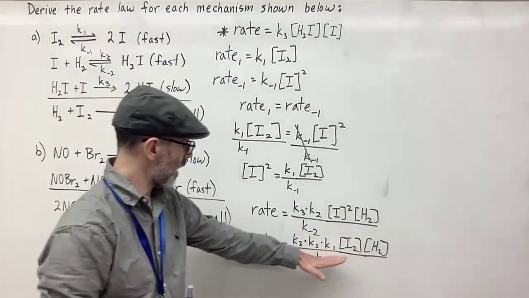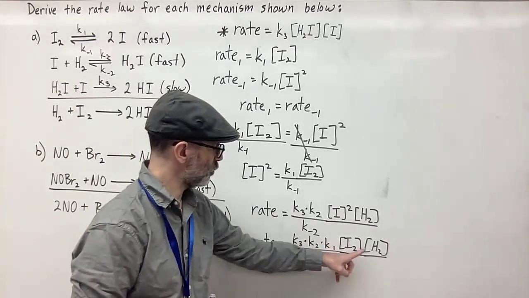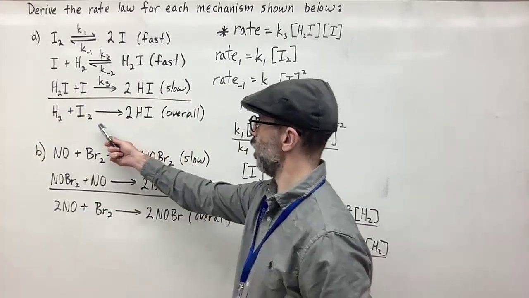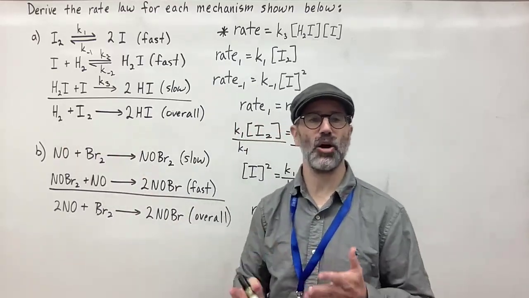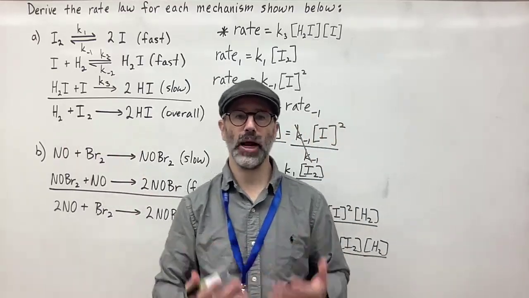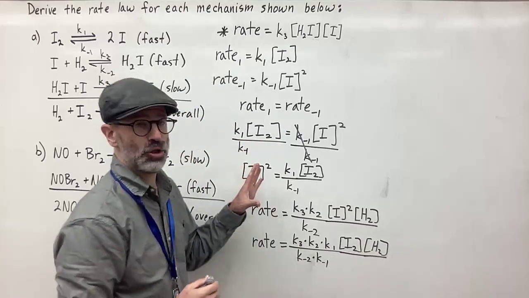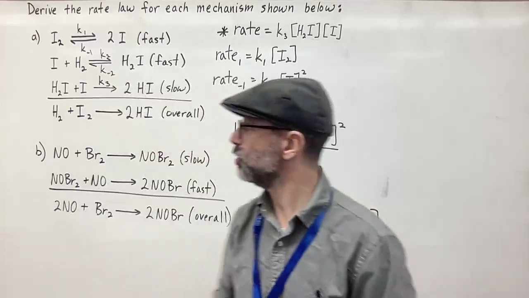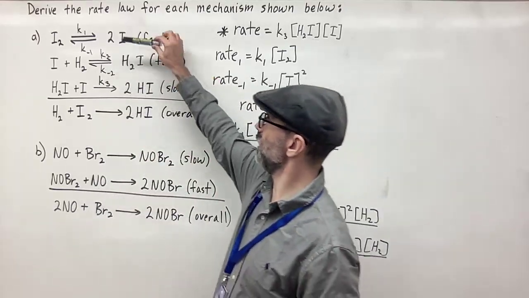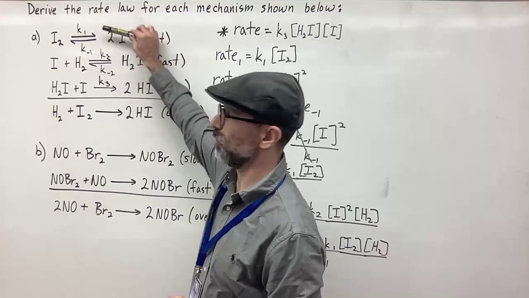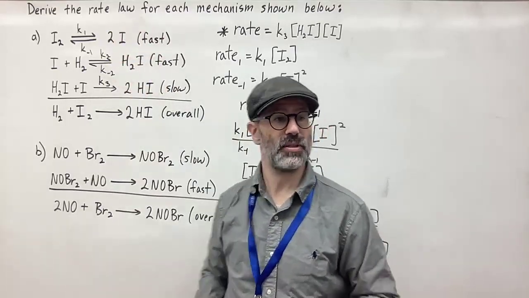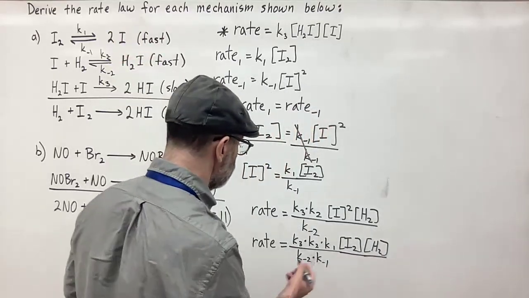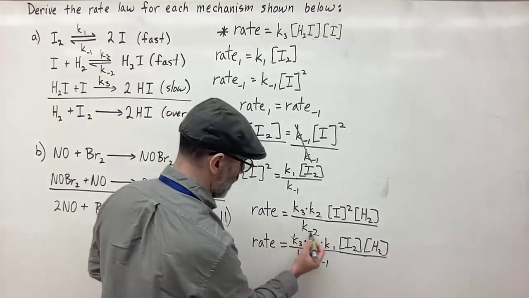So now I have everything in terms of I2 and H2, which is in my overall reaction, H2 and I2, and that's what I want. I don't want any intermediates in my rate law. So I do substitution of those intermediates using the equilibrium reversible reactions of the fast steps, right? So now I can simplify this here.